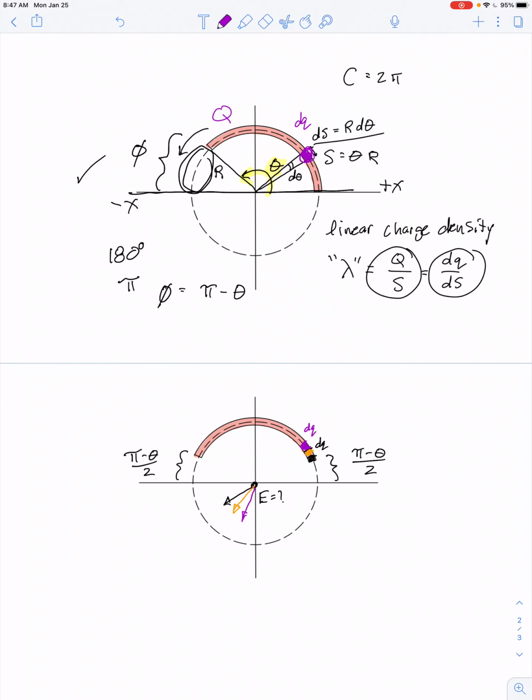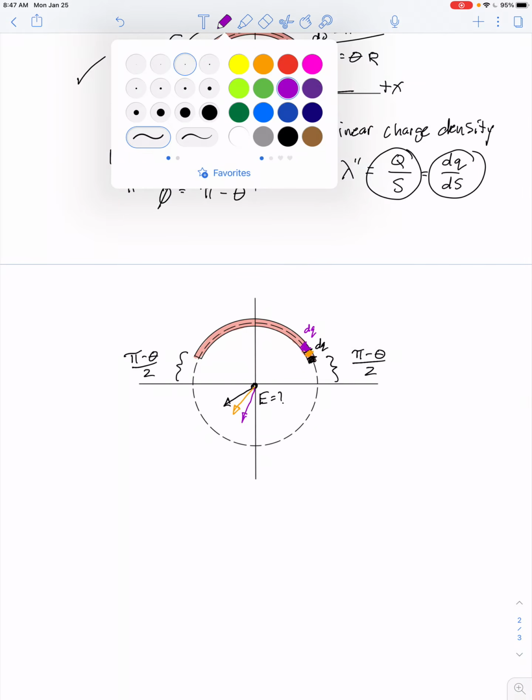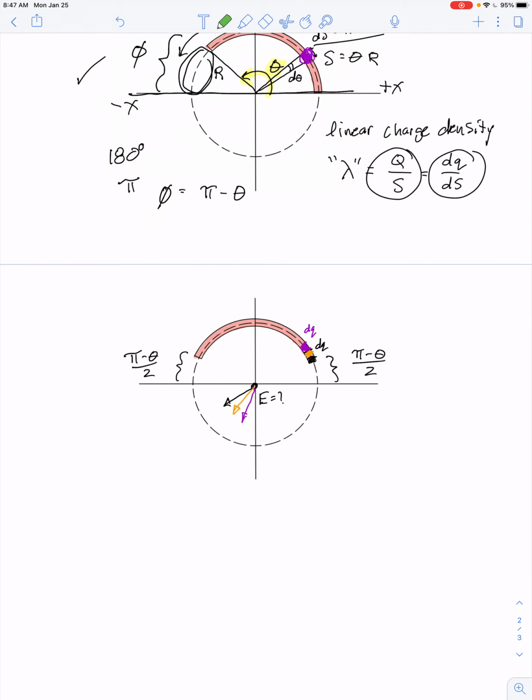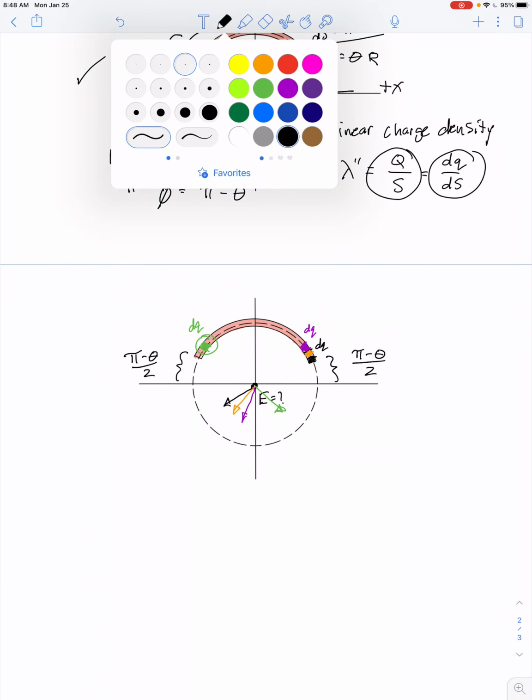Well, you can see from the symmetry of it, if I fast forward and we look at another one of these small bits of the total charge dq located over here, its electric field contribution at the point in question is going to be directed this way. So there's going to be some cancellation due to the symmetry.